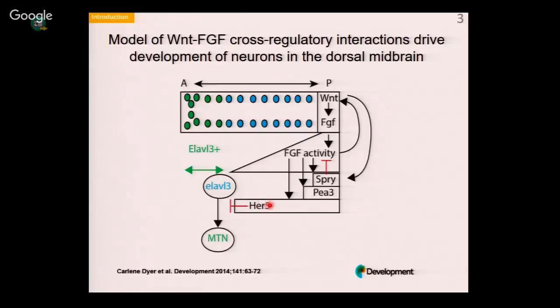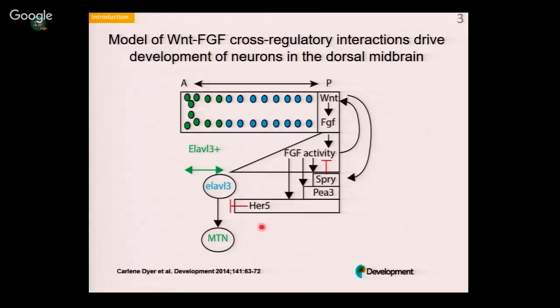As development proceeds, FGF activity diminishes, resulting in a retraction of the HER5 area. This leads to neuronal differentiation, resulting in the formation of ELAVL3 positive cells, neurons. In fact, HER5 prevents neuron differentiation through cell cycle regulation.